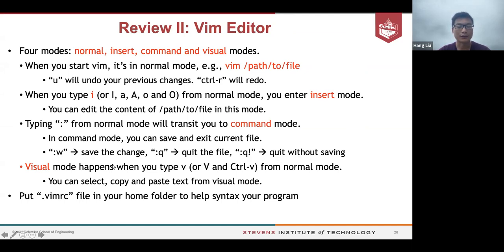In visual mode, when you type v from normal mode, you can select, copy and paste text. You can put a .vimrc file in your home folder to help with syntax, like highlighting and coloring, etc. So for the Vim editor, you typically start in normal mode, and then you can transition to insert mode, and then press ESC to go to normal mode again.